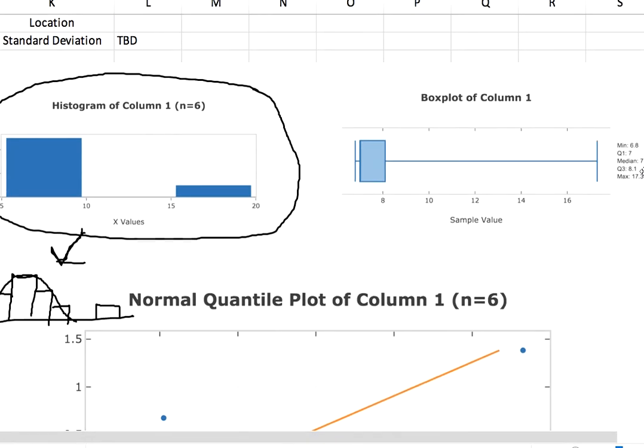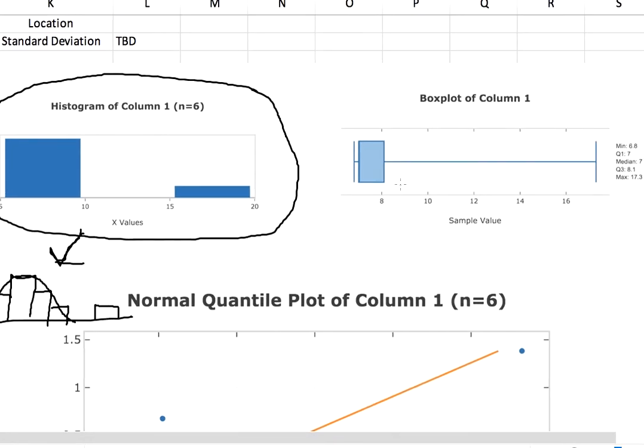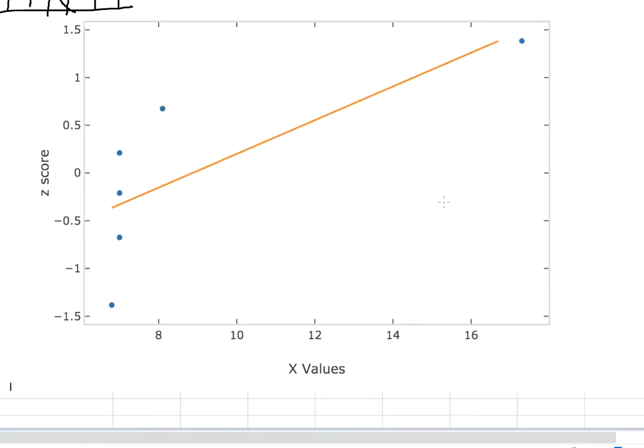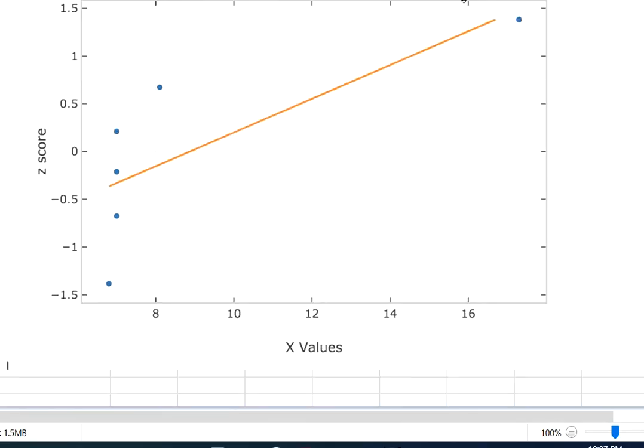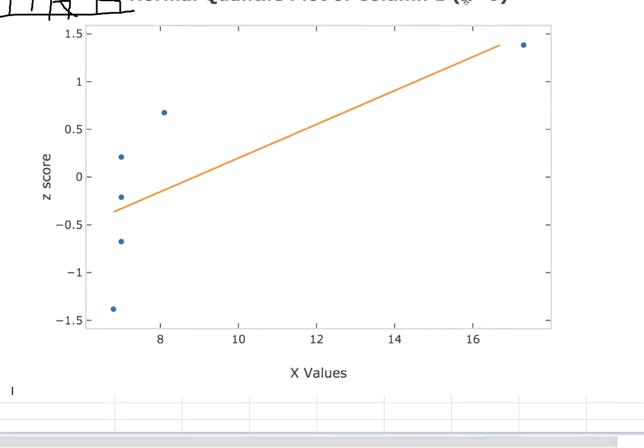And the box plot, it indicates this as well. It doesn't make the bell-shaped curve. It's not symmetric, right? It's not all clustered around the center with a few to the left and a few to the right. And this QQ plot, this looks like it's done correctly, so that's great here. The QQ plot is plotting z-scores, okay? So it's converting every number to its z-score.